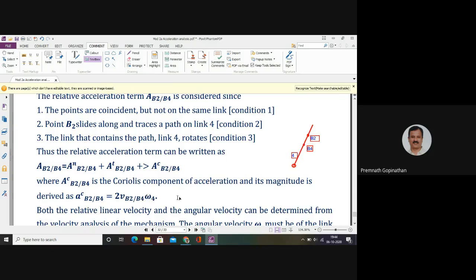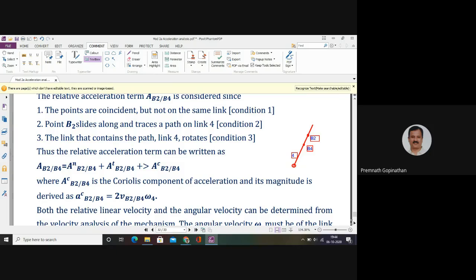This relative velocity can be obtained from the velocity polygon. So this is the magnitude of the Coriolis component.